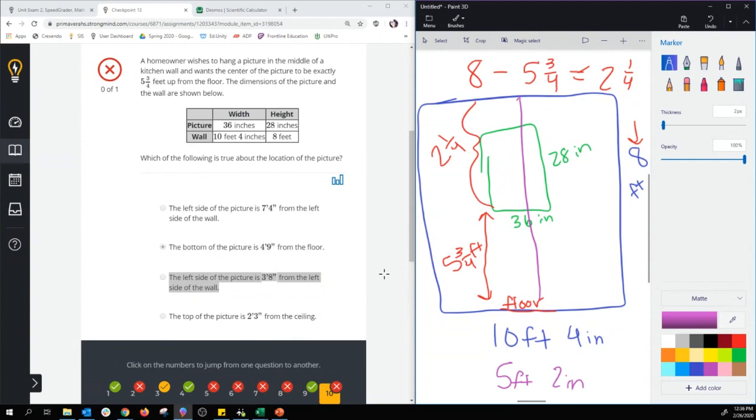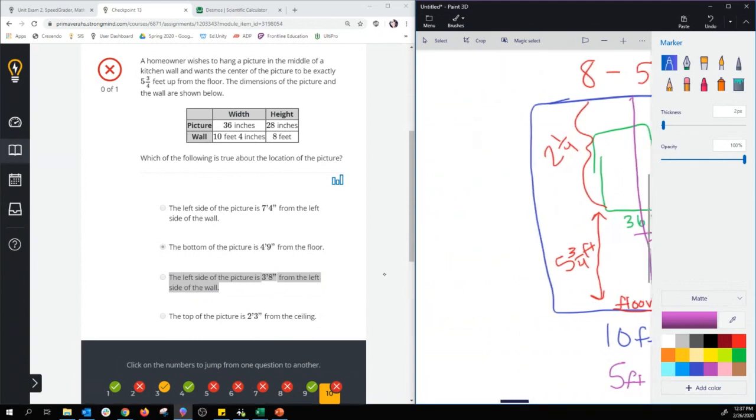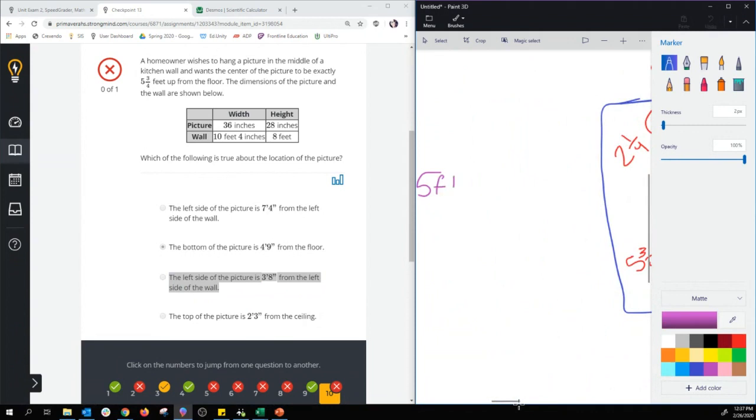The bottom of my picture is 36 inches, so half of 36 is 18 inches. So I take 5 feet, 2 inches and subtract how far my picture extends from the middle, which is 18 inches, because that's half of the bottom.